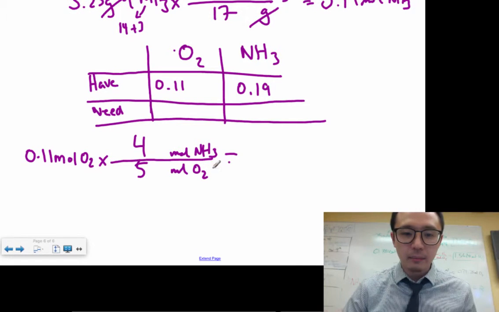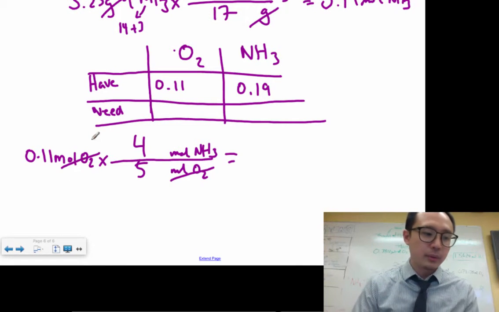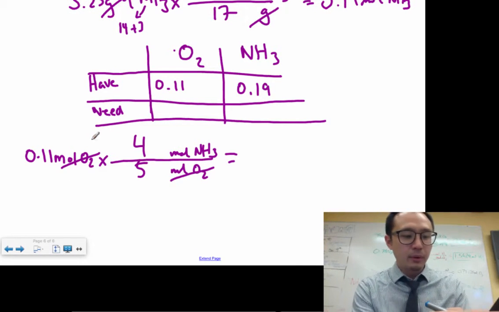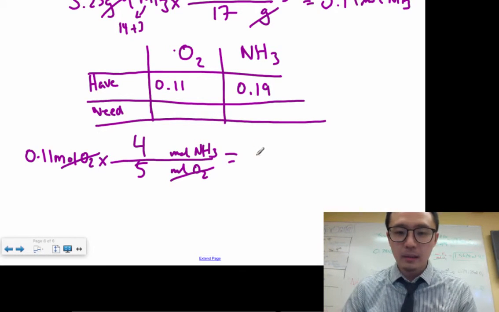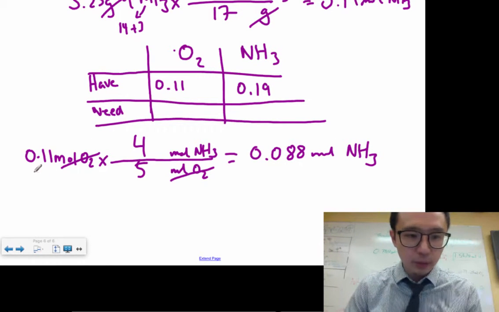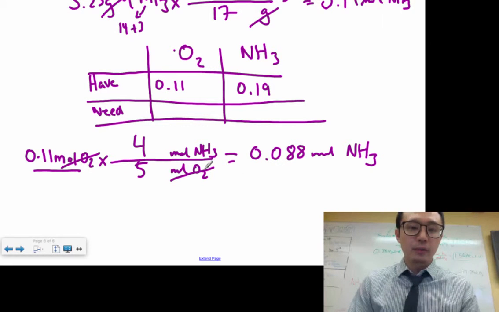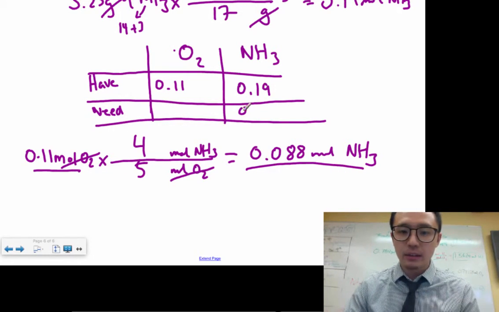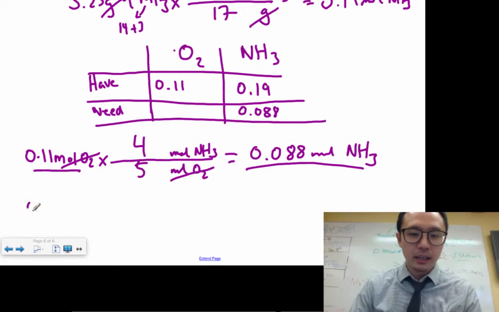So then my moles of O2 would cancel. So I'm going to take 0.11 times 4 divided by 5. That gives me 0.088 moles of NH3. That means that if you're using 0.11 moles of O2, you're going to need 0.088 moles of NH3, so 0.088.